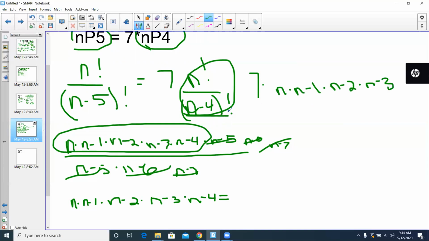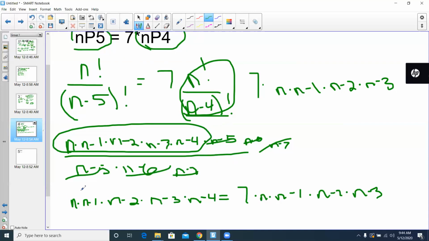Because this goes n minus 4, n minus 5. This guy's going to keep going, so this is going to end up canceling off. So we're going to have 7 times n minus 1 times n minus 2 times n minus 3 on this side.